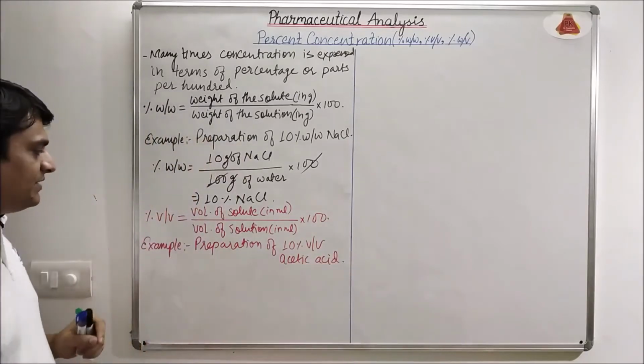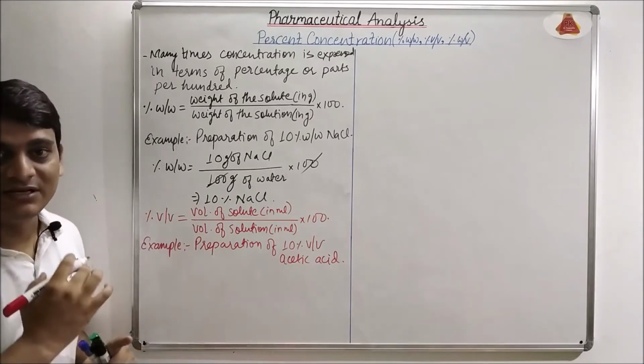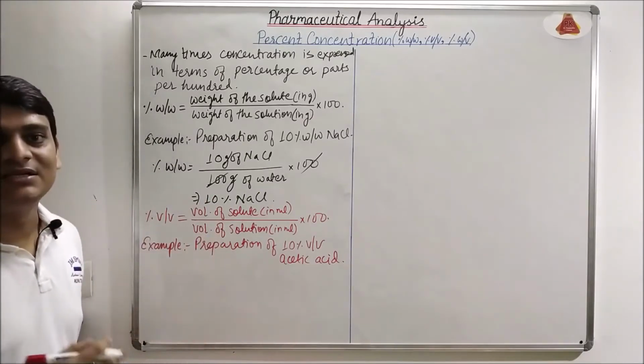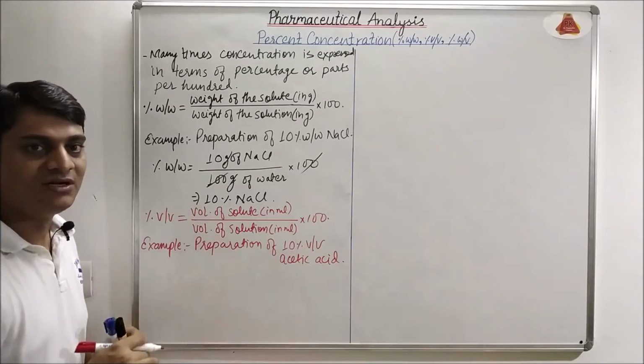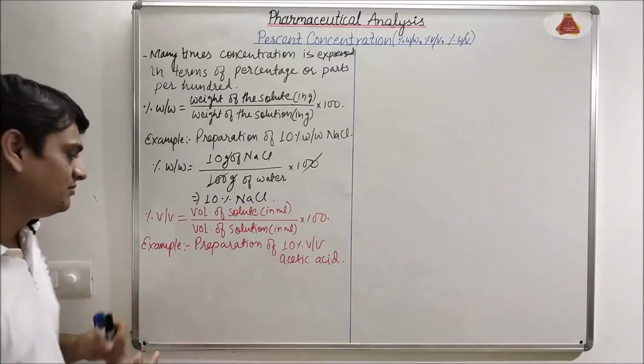For preparation of 10% volume by volume acetic acid, we have to take 10 ml of glacial acetic acid, then that glacial acetic acid will be dissolved in distilled water and the final volume will be made up to 100 ml.